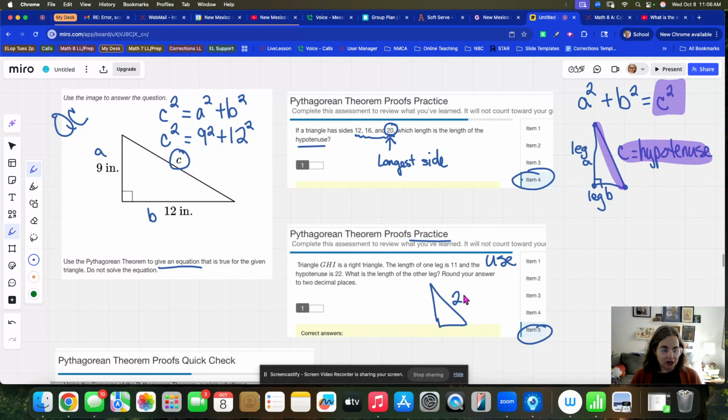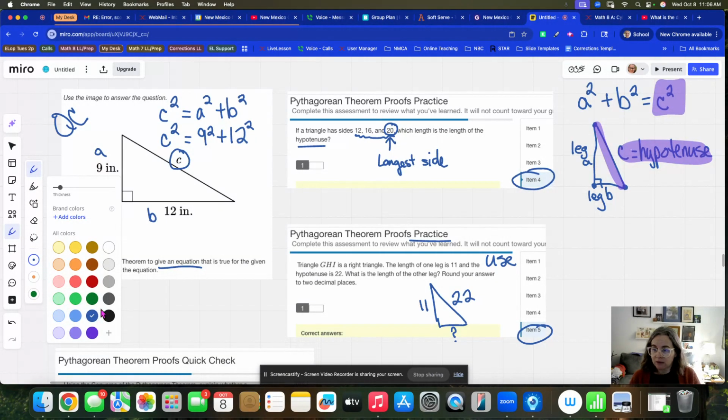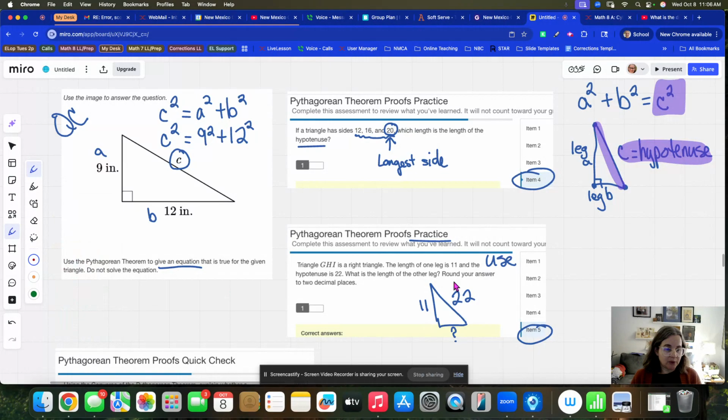So here's the hypotenuse. Here's one of the legs. I don't know if it's this one or this one, but it doesn't matter. I know that C has to be the 22, and then I can make the 11 A or B, and then the other one is going to be my unknown.